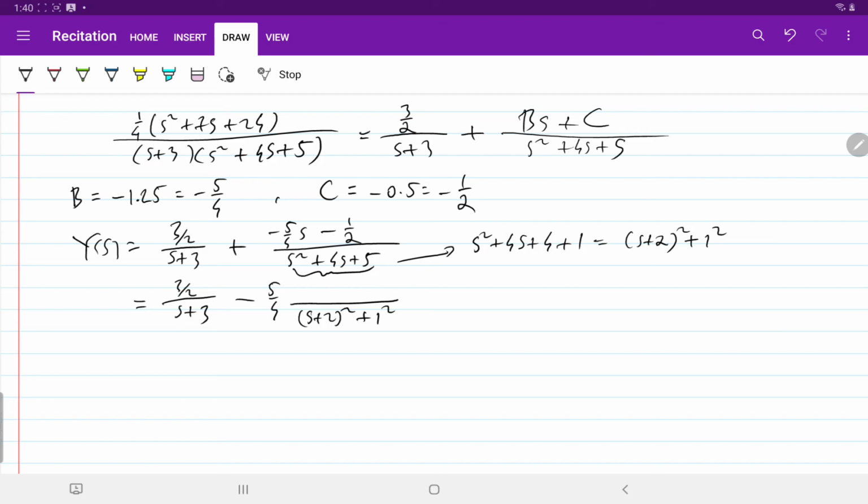If we move 5 over 4 right there, you have s plus, I got 8 over 5, because if you multiply 8 over 5 with 5 over 4, we get 1 half, right?